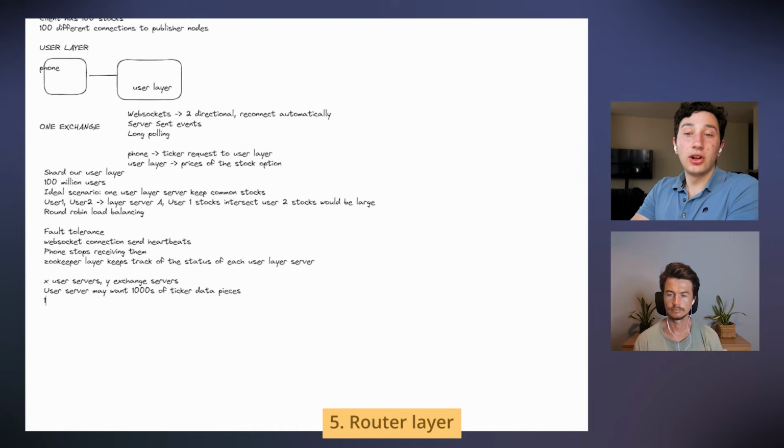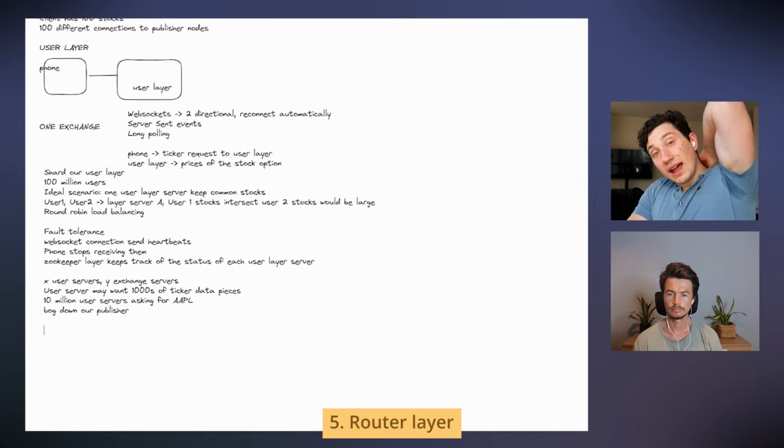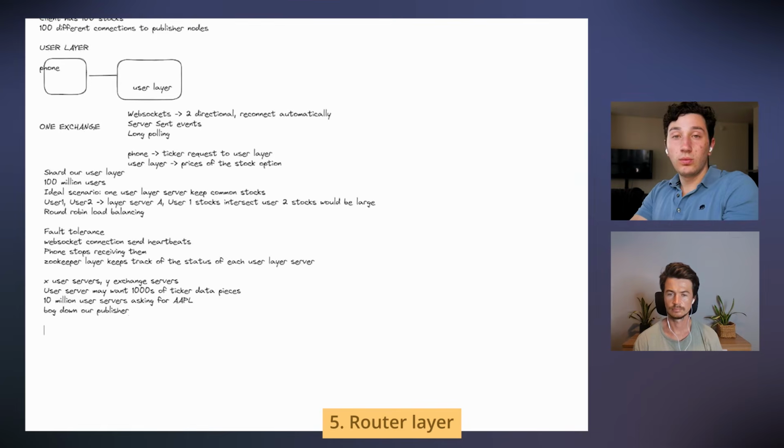Let's say out of our 100 million users, maybe 10% of them own Apple. We could potentially have 10 million user servers or something asking for Apple. And if that happens, that could bog down our Apple publisher. And so I would prefer that not happen, and ideally, continue to make it so that all of our different layers of our service can scale independently.